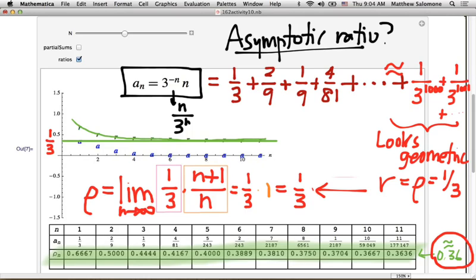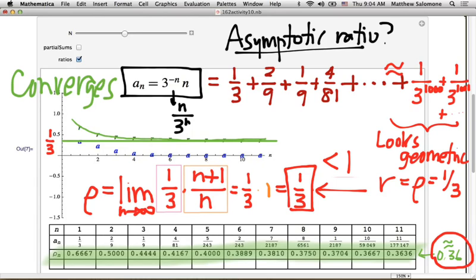Ratios between 1 and -1, inclusive. So because our ratio here is less than 1, we conclude that our series should be convergent. Summation of n/3 to the n.